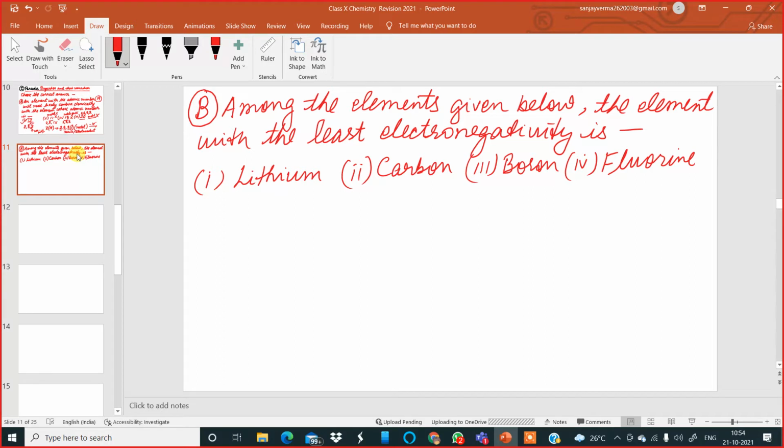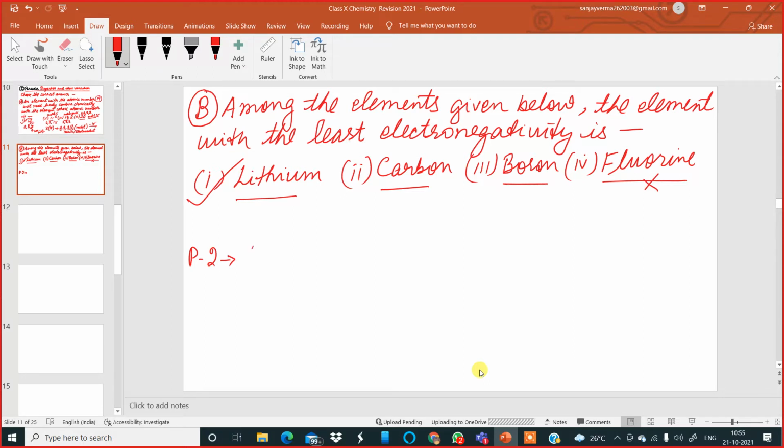Now we have to work out the answer. Fluorine is not correct. Lithium is correct, because it is at the leftmost. Now tell me, these elements belong to which period? Period 2. Since these elements belong to period 2, can you name the elements present in period 2?